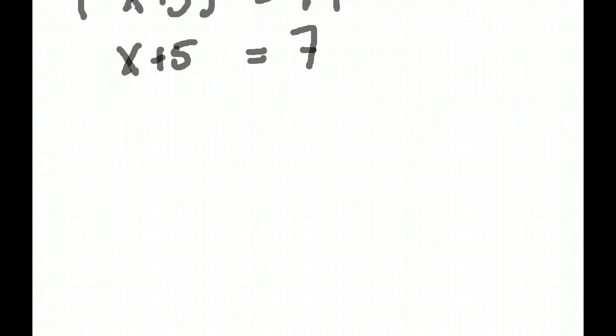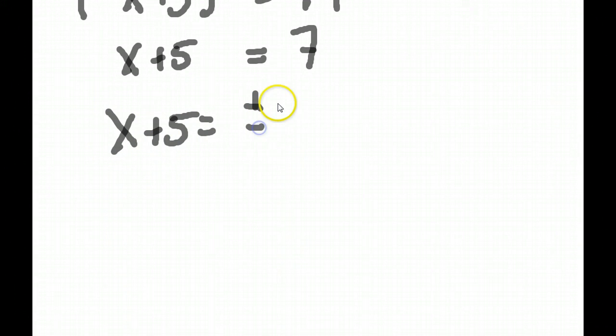When you take the square root of that 49, it's a plus or minus because we're looking for the principal root. So it would be x plus 5 equals plus or minus 7. Because how many roots do we get with the quadratic equation? 2. So we always have to have the plus and the minus.